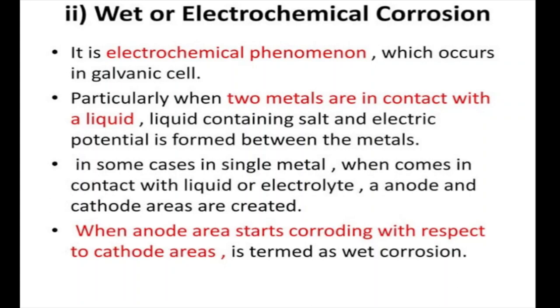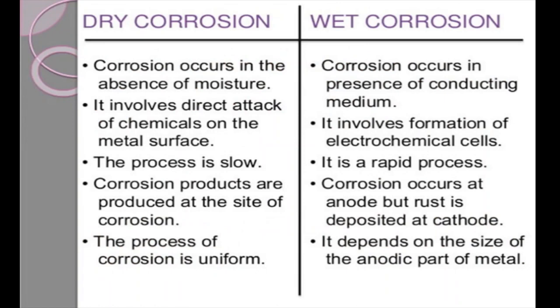In some cases, in single metals, when in contact with a liquid or electrolyte, anode and cathode areas are created. When anode areas start corroding with respect to cathode areas, it is considered wet corrosion. It is a very common phenomenon, specifically for a region or country like ours, where it is hot and humid mostly throughout the year.